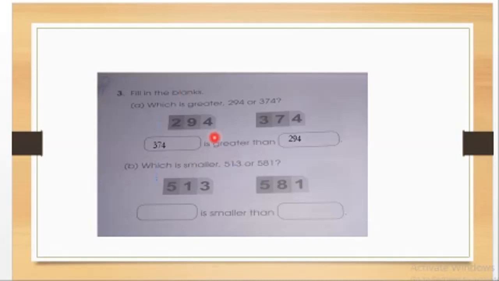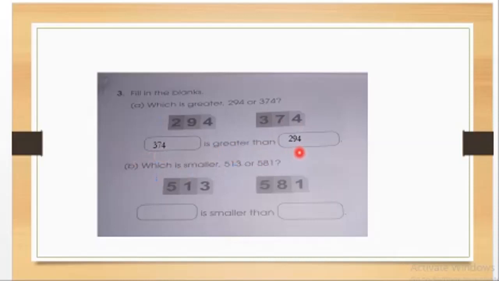They're asking you which is the greatest number, and the numbers are mentioned in two separate blocks, that is 294, 374. So dash is greater than dash. You just read the number, and I'm sure that all of my students know the answer, that 374 is greater than 294.